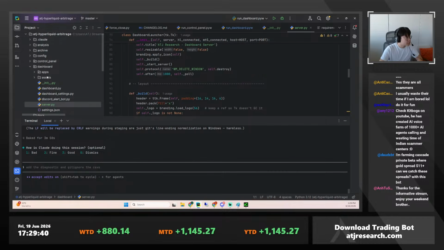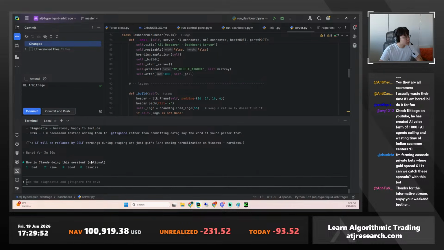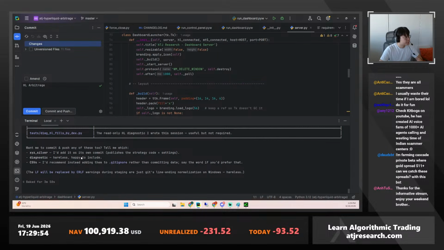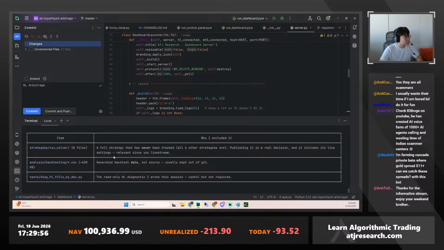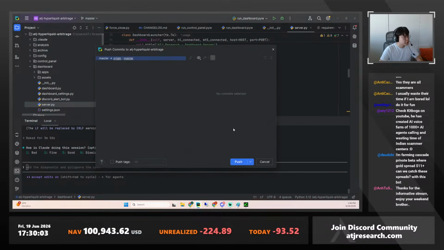Beautiful. So yeah, this has been added, and the push has been done. And these are some old untracked files which are not important. Nice. So everything has been pushed.